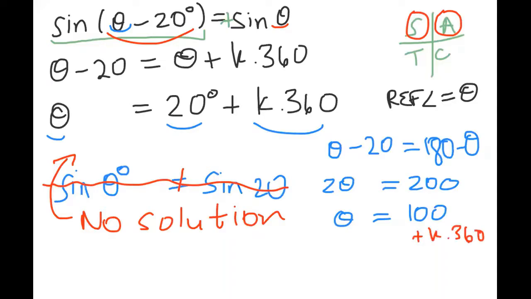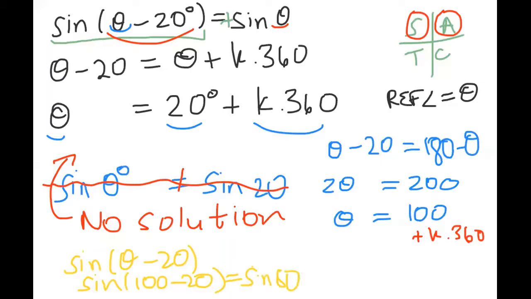But let's just test it. I'm going to just write here at the bottom. On top we have sine of theta minus 20. Let's see, this is 100 minus 20, which is sine of 80. There I get 0.98. And what is sine of 100?